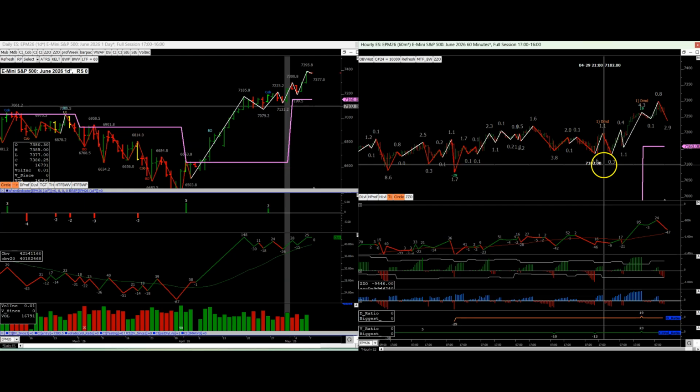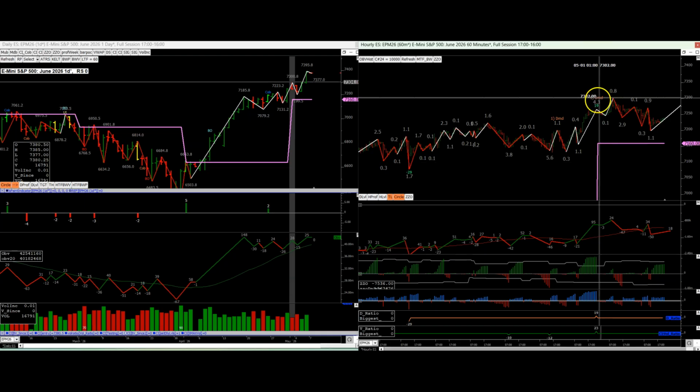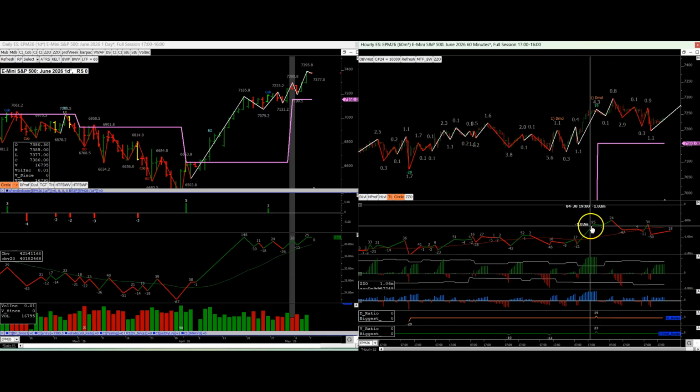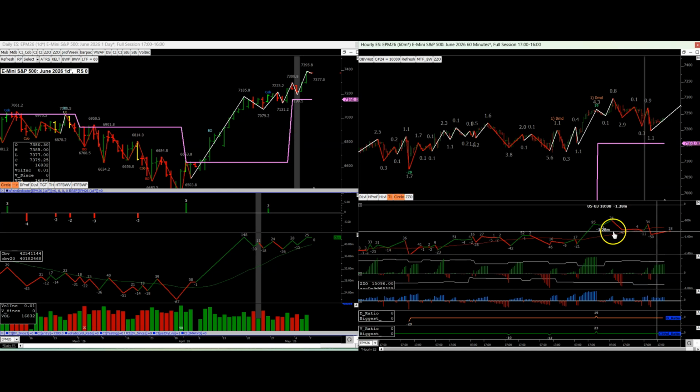And then you just keep looking, and later on the demand comes in here. That's based on price. This one is based off of volume. You can very clearly see the way volume trend shows you, oh yeah, smart money is in right there.